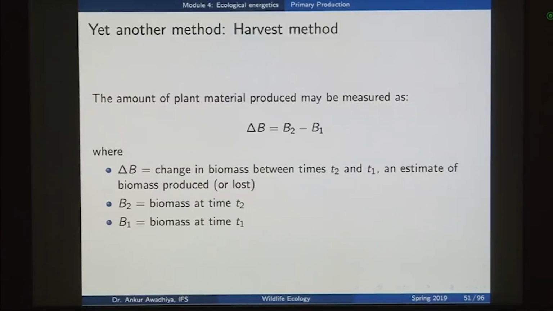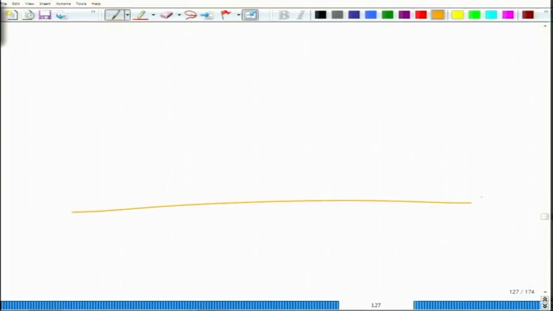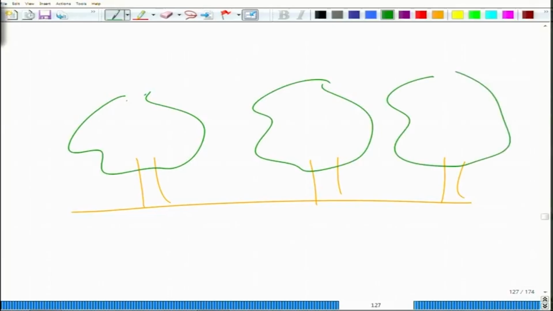So, if we take this difference, what we are doing in this case is that suppose you have a forest, now in this forest we go there at say time T1 and we measure the total amount of biomass that is there in this system.